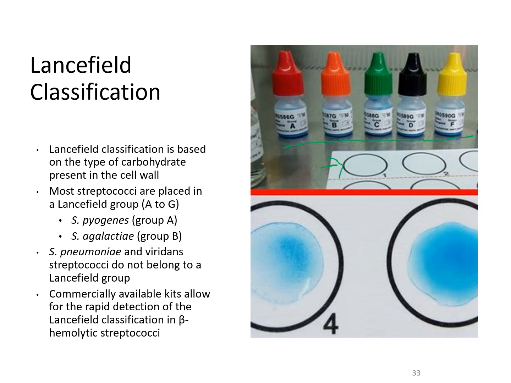If you were testing A and B Lancefield groups, you would take a little bit of that organism, put it onto that slide, and mix a drop of that reagent, so the A reagent, B reagent, and rotate them.